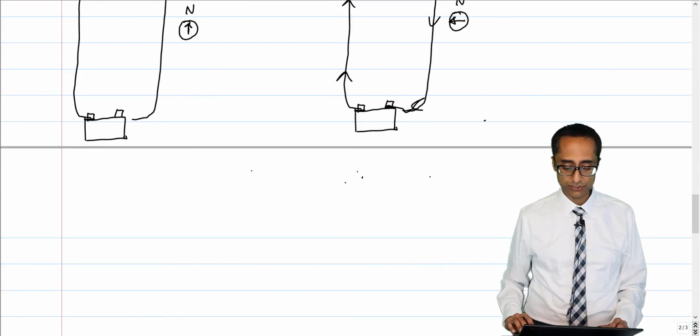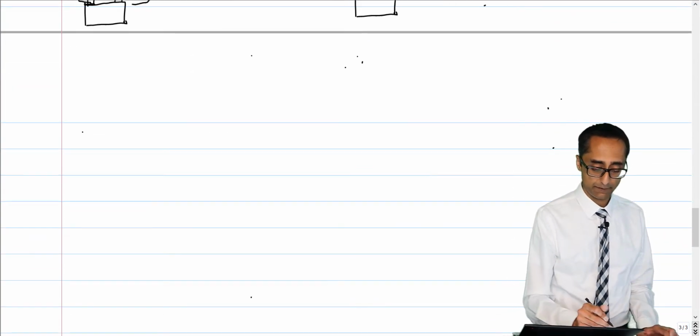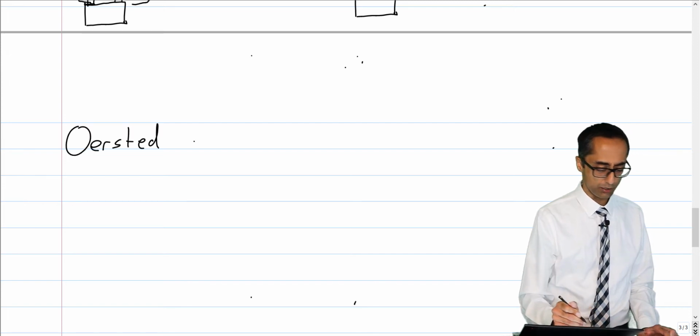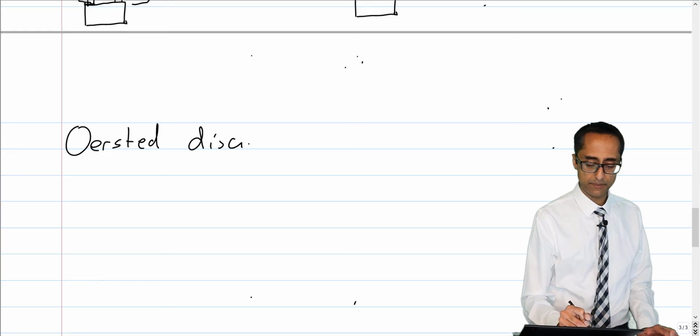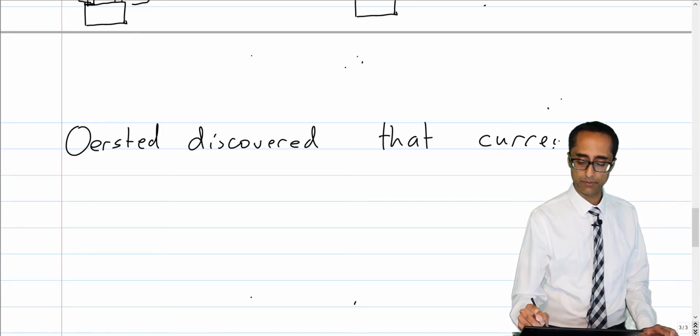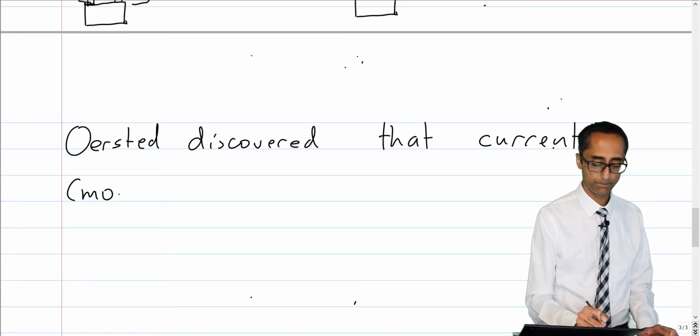And so what Ørsted discovered in this experiment is that current creates a magnetic field. And so don't forget about all of the electrical work that you've done up until this point. It's going to be important for us when we study the electromagnetic properties of current carrying wires.